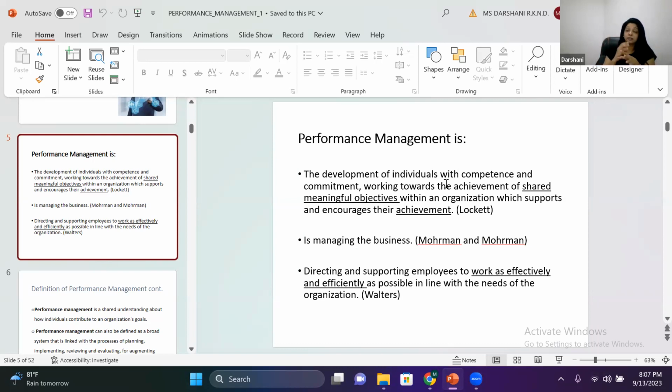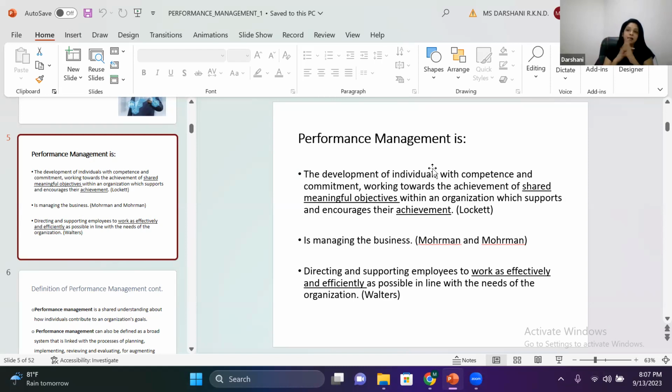So this definition is more appropriate as a definition. But rather than asking you to define, if I ask a question, I will be asking, what is performance management? If I ask you to define, you have to be very specific on the wordings the author has given. The same wordings you have to go through.